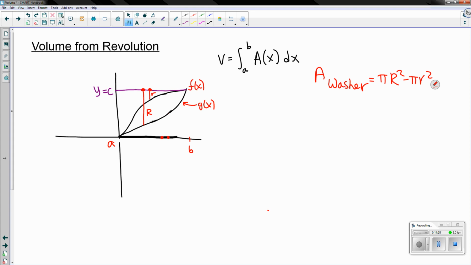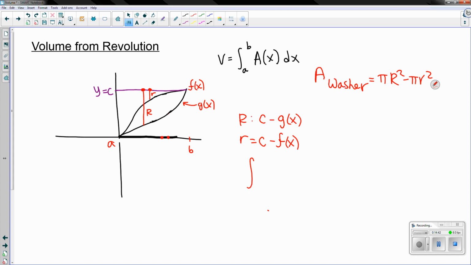And now how do we get capital R in this case? Still top minus bottom. So the top constant function minus the bottom function, which in this case is g of x. For lowercase r, top function minus bottom function, which is f of x.